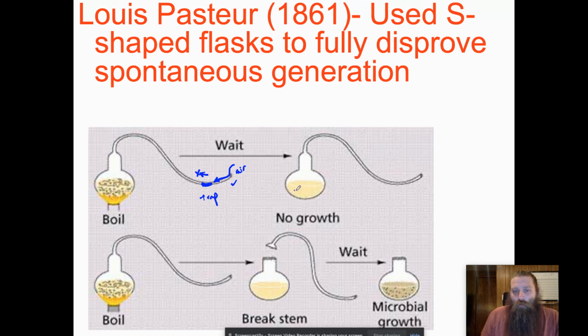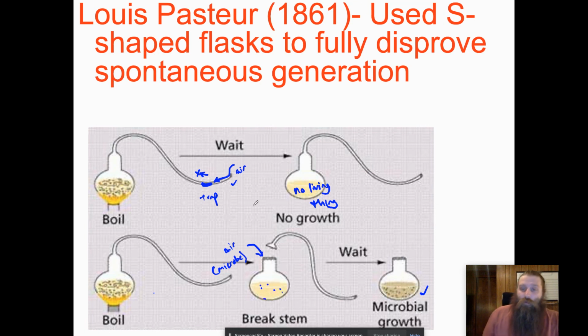There's no living things. And then, all right, he does the same experiment. He boils, he boils, he boils, and he breaks the stem, and he waits, and sure enough, hey, microbes get in there. And that showed him, right, that there was something in the air, because air could get in, and that something was a microbe that could fall in there, and then it could start to grow.